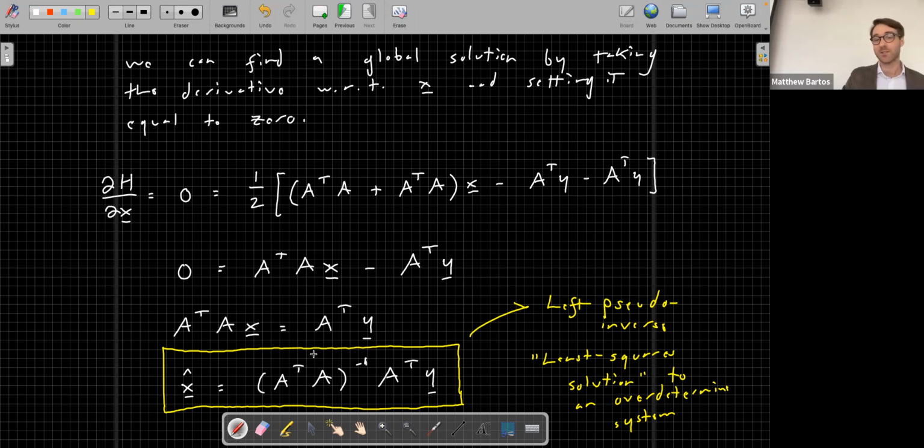Cool. So I would actually recommend memorizing this equation because it pops up all over the place. Overdetermined problems occur very frequently, especially if you're doing anything with machine learning or data science, where you have a lot of data and you're trying to fit a model to it.